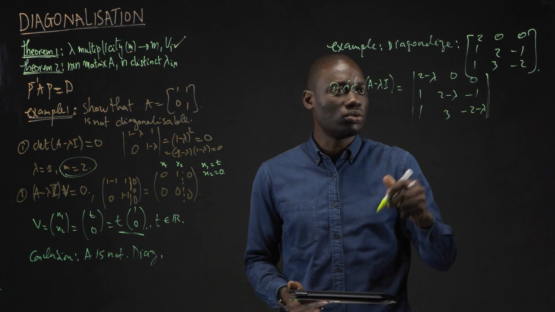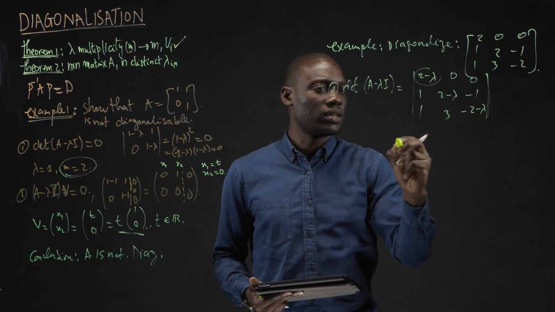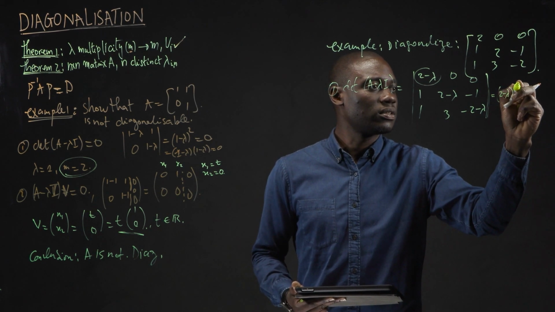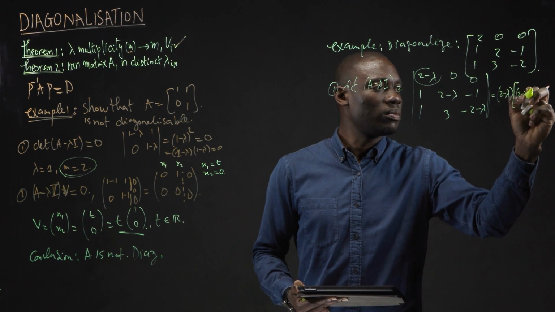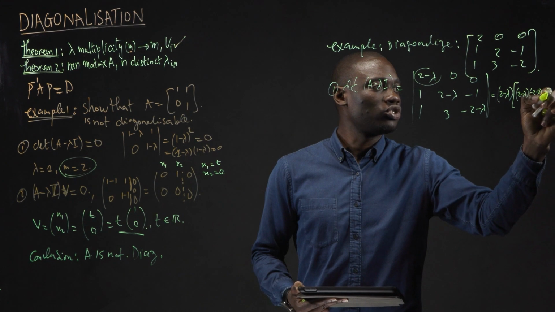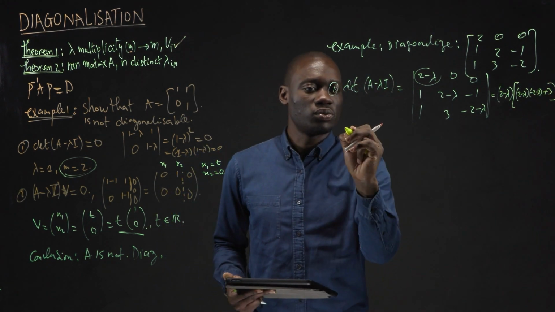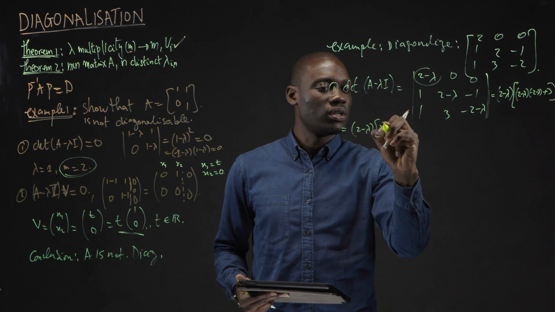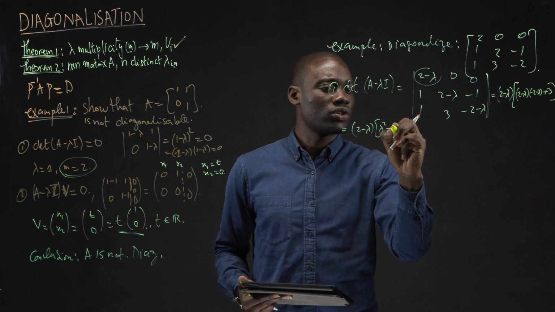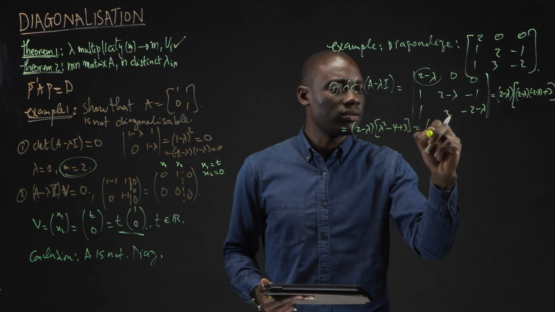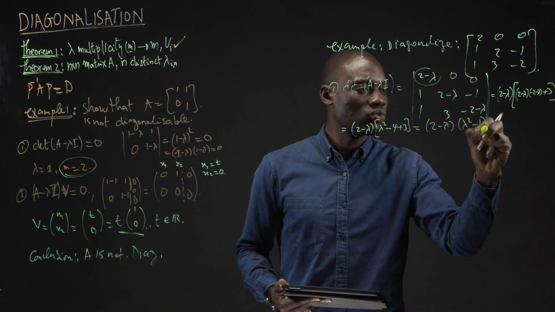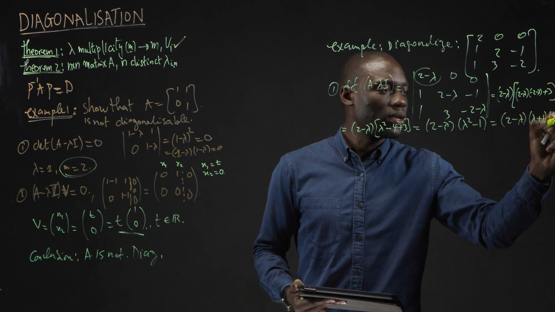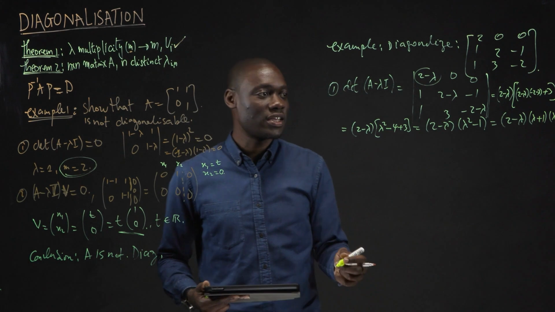You realize that you can take the first column as your pivot, and then you come to 2 minus lambda times the quantity 2 minus lambda times minus 2 minus lambda plus 3. So this will give you 2 minus lambda and lambda squared minus 4 plus 3. You have 2 minus lambda and lambda squared minus 1, which is 2 minus lambda, lambda plus 1 and lambda minus 1. So here I have 3 distinct eigenvalues.